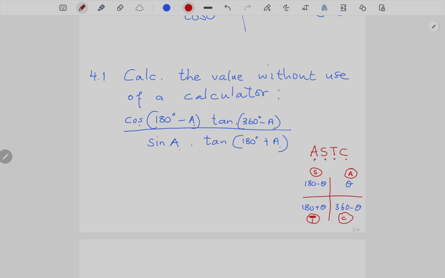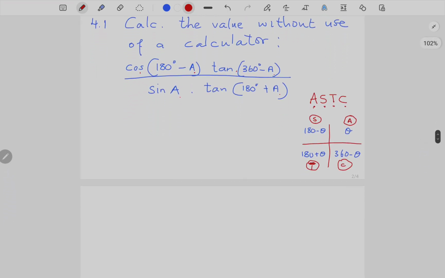Okay, so the question says cos(180 minus A). Now we check the formula 180 minus theta. At 180 minus theta, it is only sine that is positive. Therefore, the cos is negative there. So what will be the answer? Let's use a blue pen.